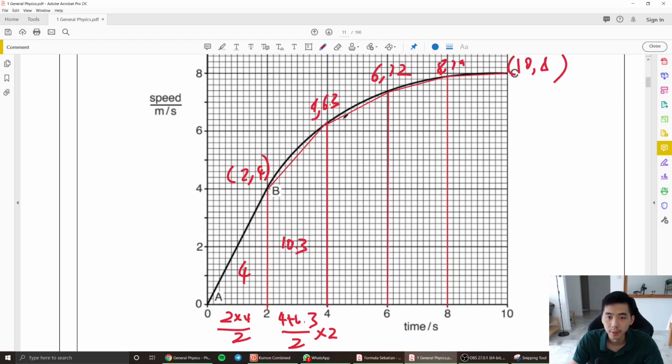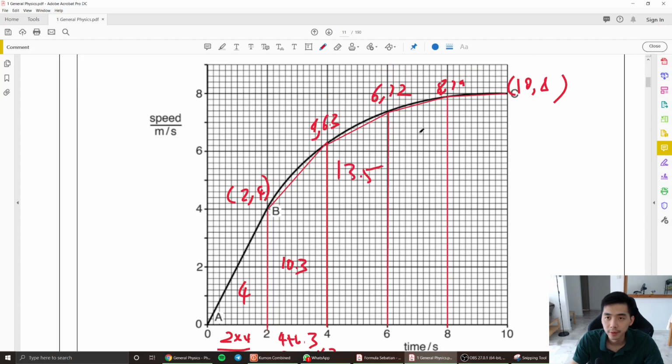This one here will be 6.3 plus 7.2 divided by 2 times 2, which is going to be 13.5. This part here will be 7.2 plus 7.9 divided by 2 times 2, which is going to be 15.1, and finally this part here is 7.9 plus 8 divided by 2 times 2 as well, which in this case will be 15.9.